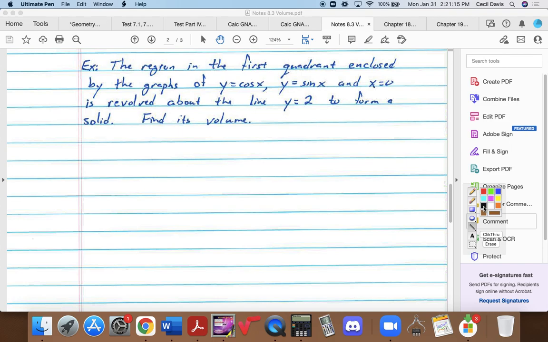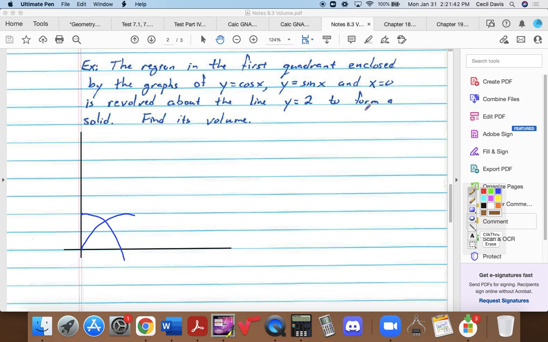All right, so we just need the part in the first quadrant. And I've got y equals cosine x, which looks kind of like that. Y equals sine x, which looks kind of like that.